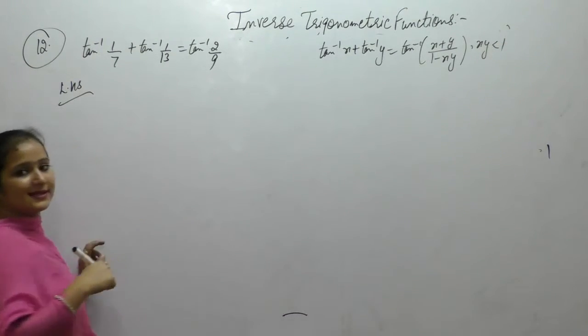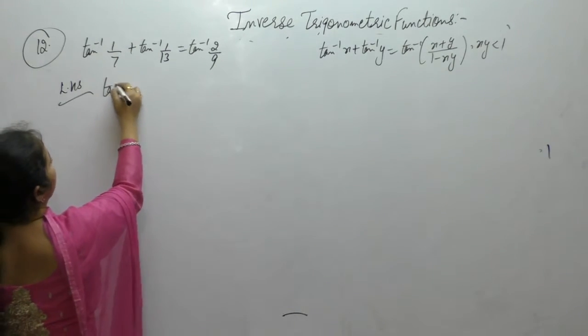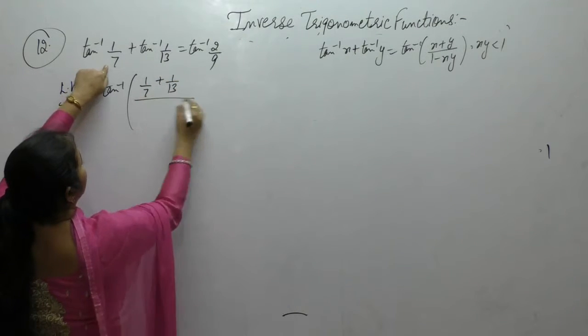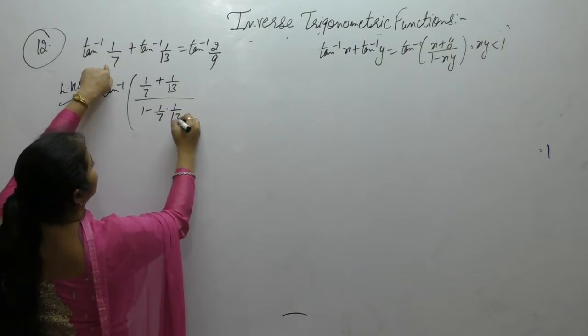X into y is less than 1 here. So use the formula tan inverse of (x plus y) upon (1 minus x into y).